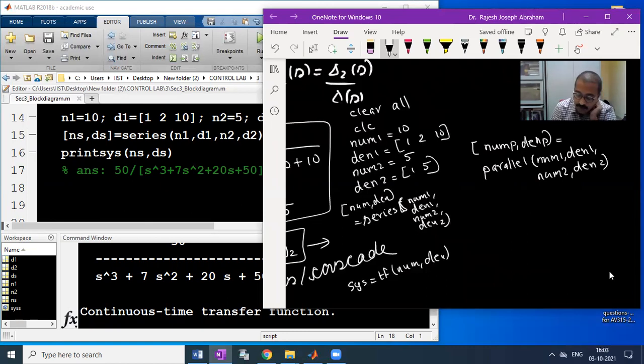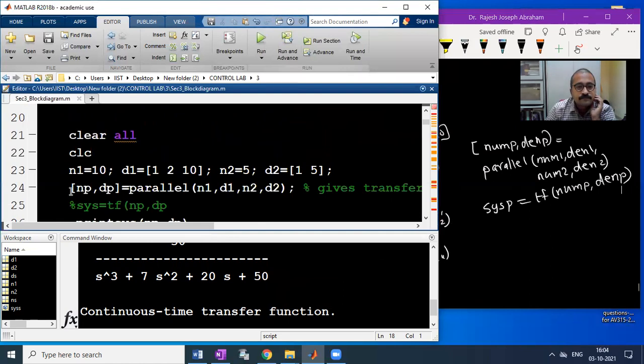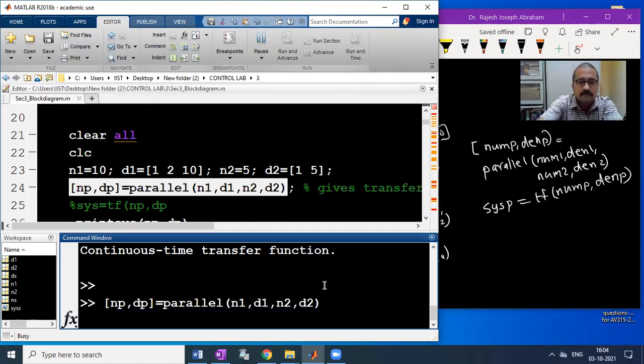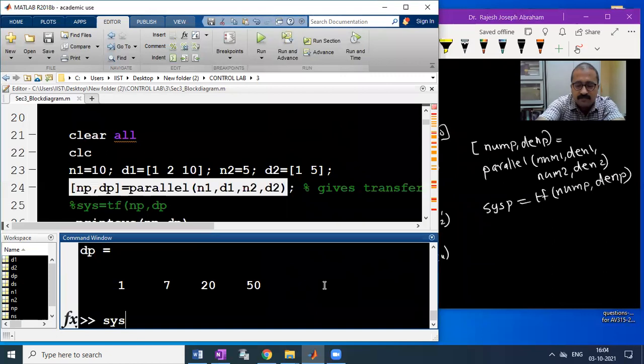Then what we have to do? We have to write sys. You need to find that in the system in transfer function form. So sys p equals tf of num p comma den p.